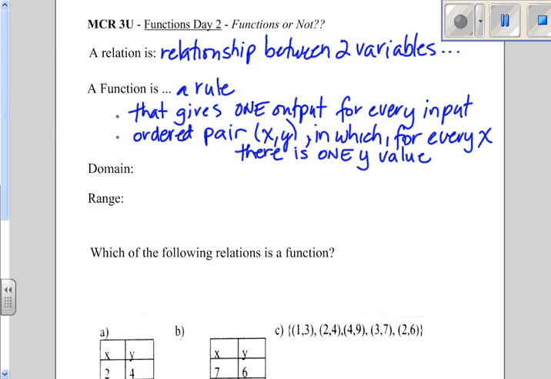We're going to use the expressions domain and range much more in depth come Friday, but I wouldn't mind you having a written definition on this page. Your domain are your valid x values, your independent, first elements in a set.